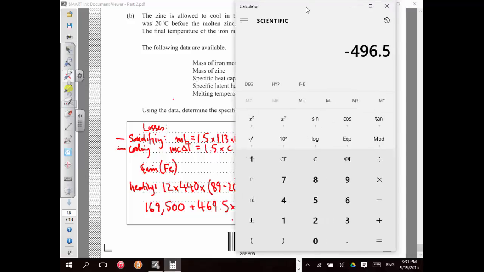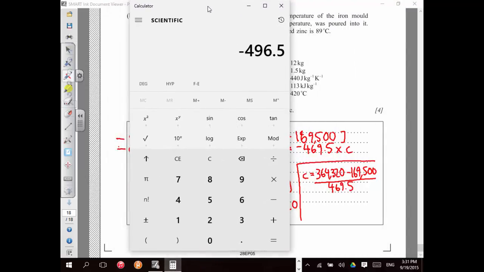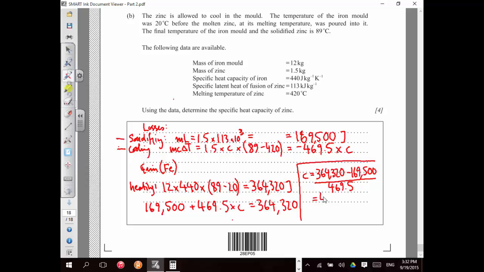Let's move this calculator over. 364,320 minus 169,500 is equal to, and then we divide that by 469.5, which gives us 426 joules per Kelvin per kilogram.